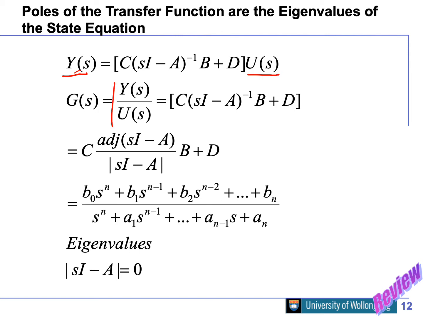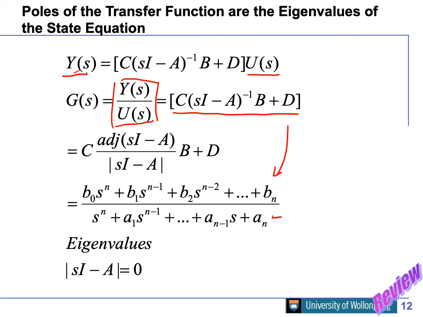So we define our transfer function as output over input in the S domain, and it is just this. You can calculate all this by doing the matrix multiplication, and eventually you come to this one. This is the transfer function, pretty much what we had before.